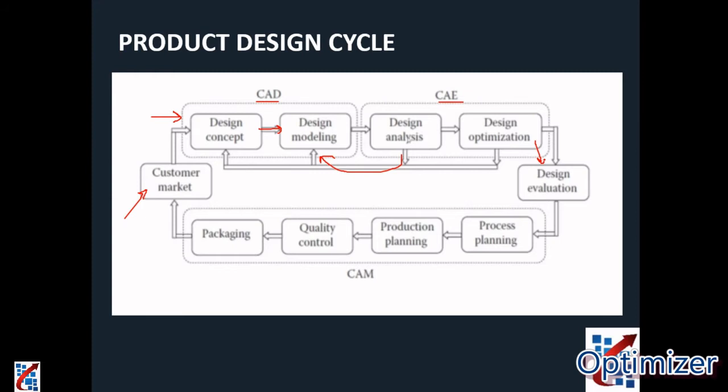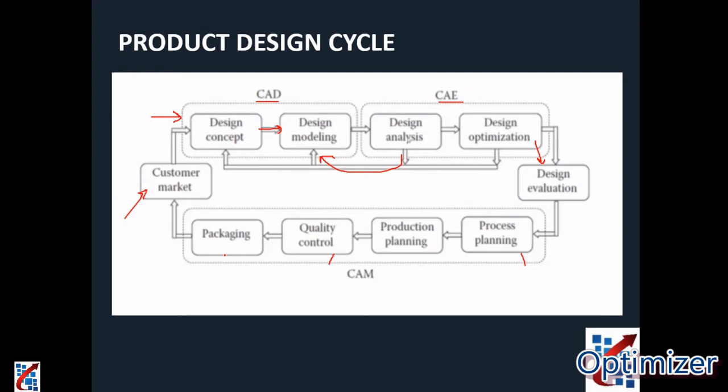Once the design is evaluated, the last part of this product design cycle is computer aided manufacturing, that is CAM. With the help of the design received, process planning is carried out, meaning the different processes required are listed, and with that production planning is done. Once the production planning is okay, then quality control, packaging and dispatch to the market. So this is the total product design cycle.